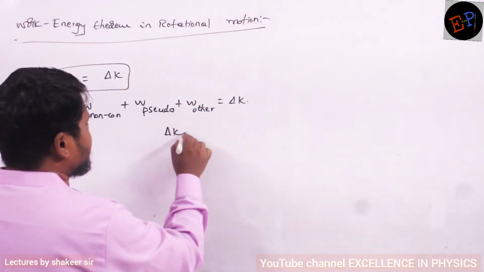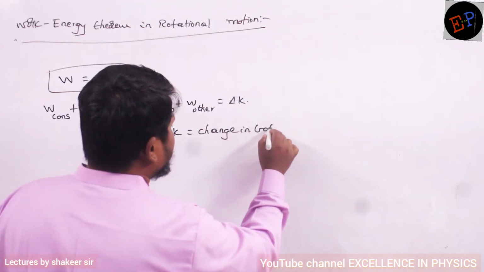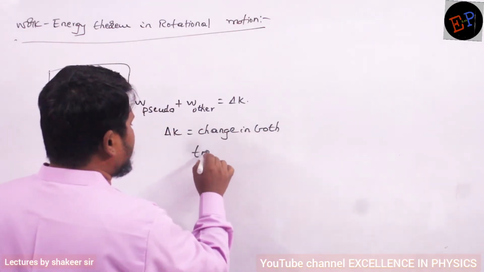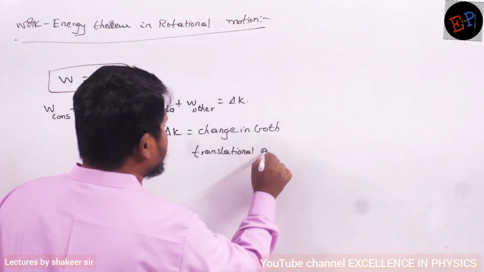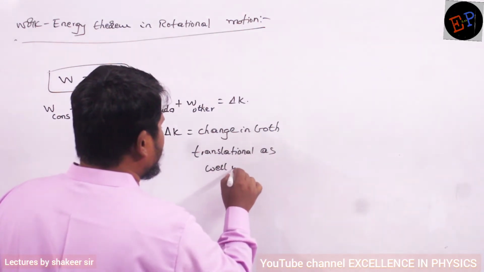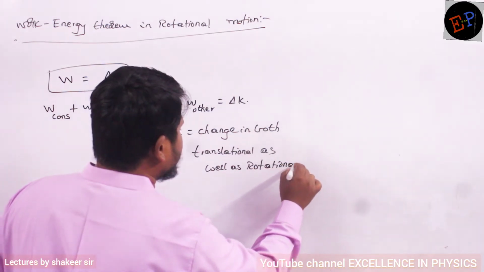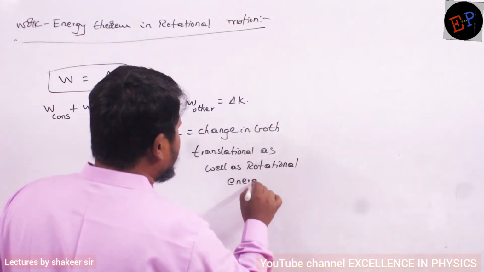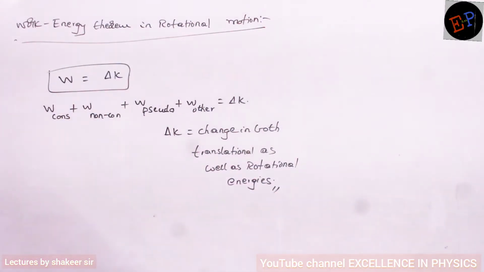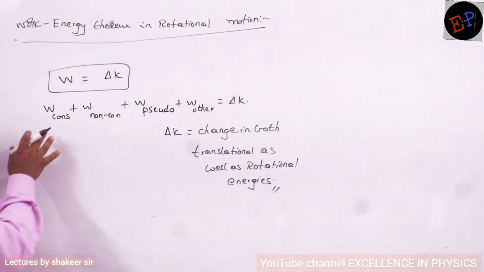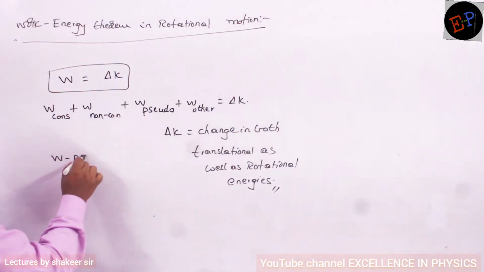Delta K represents change in both translational as well as rotational energies. Are you able to understand? Translational energy is also changing, rotational energy is also changing. Clear?